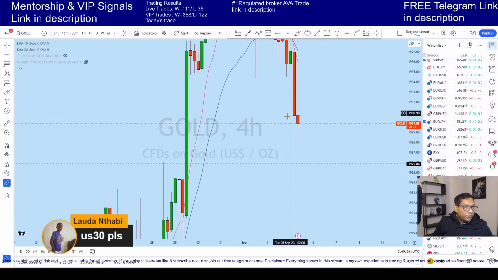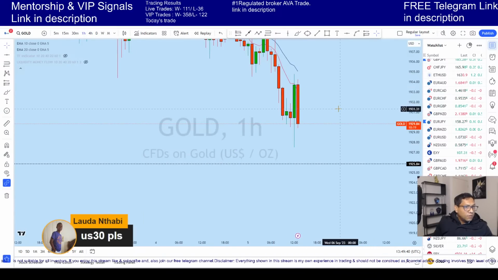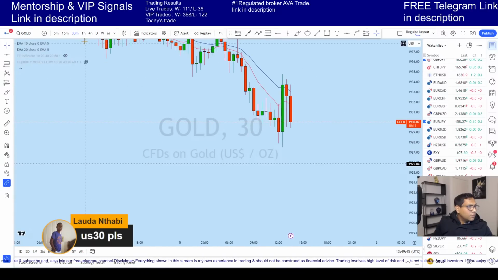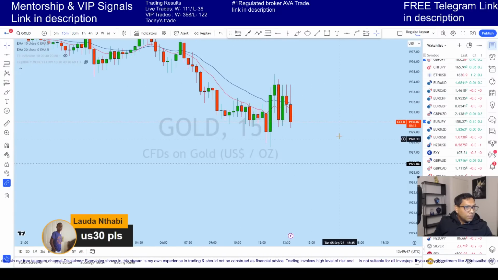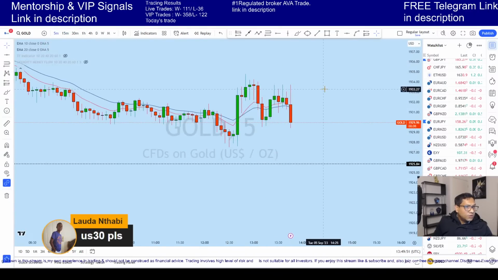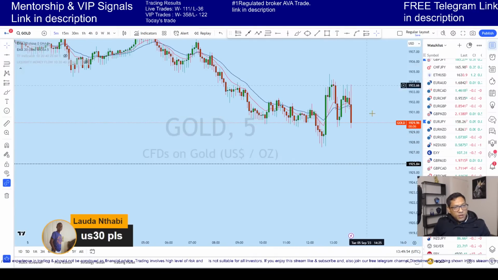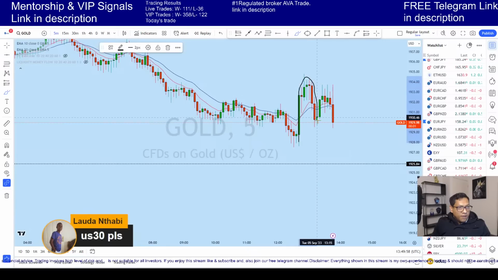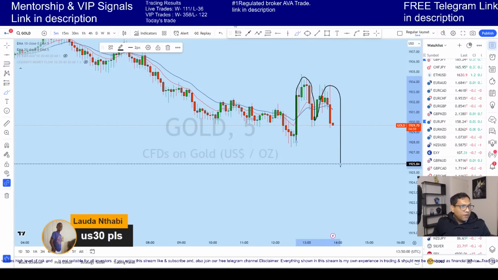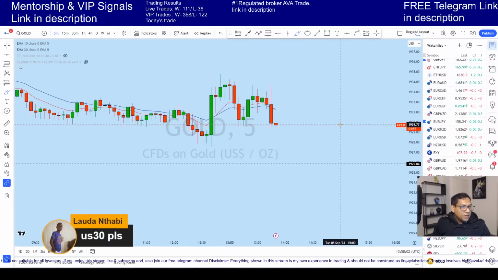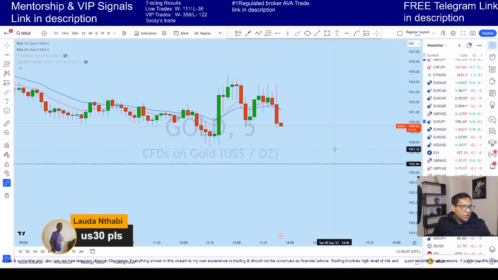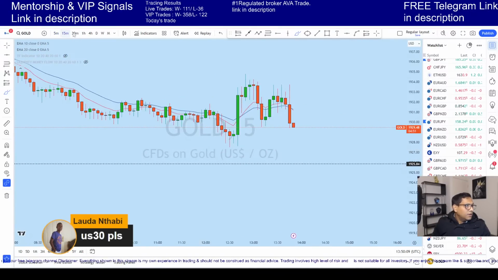So here is the 15 minutes downside. So there is a probability for further drop. So this was a pure liquidity grab, and finally, you can see after multiple times gathering liquidity here, gold again managed to create another downside momentum.